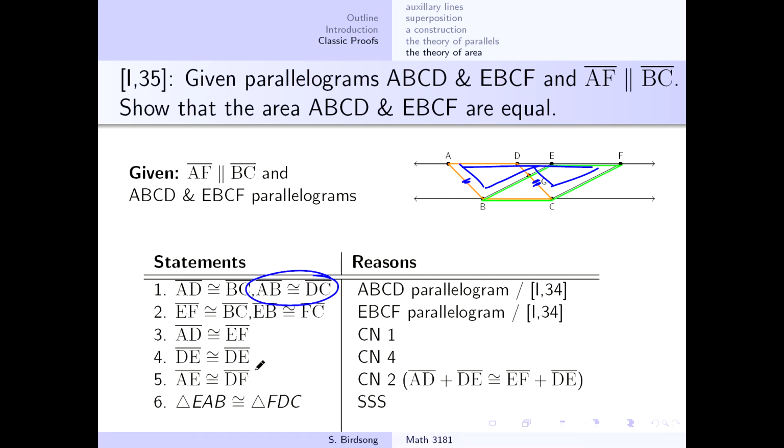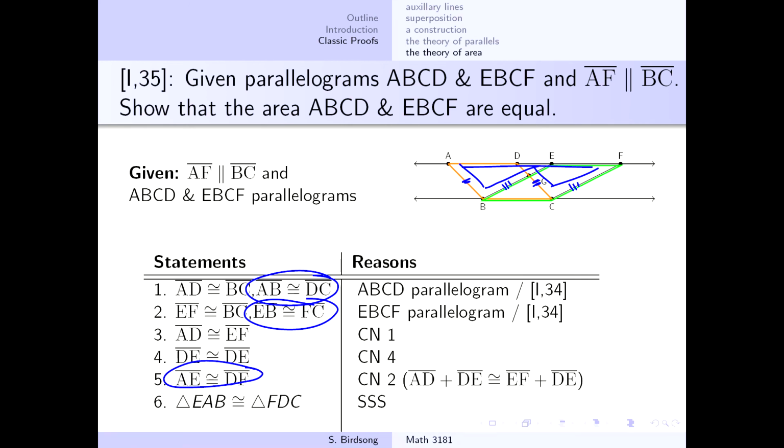And we also know that BE is congruent to CF. Notice that takes care of all three of the sides of those two large triangles that are across the top of our two parallelograms, plus a little bit more. And this tells us, hey, that those two triangles are then congruent to each other.